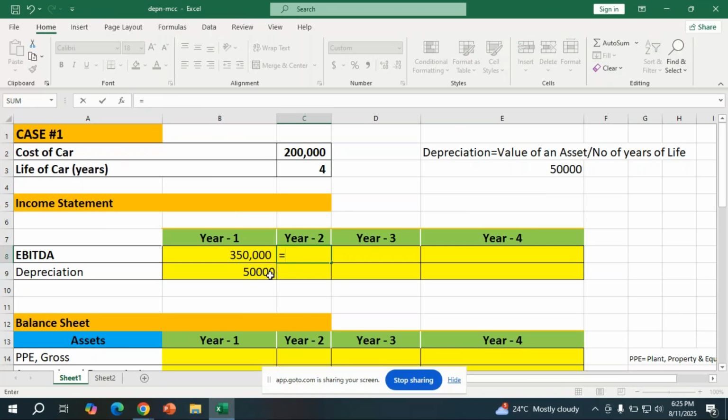As I told you, closing balance of the last year becomes opening balance of the next year. So inclusive of the depreciation, equals 3 lakh 50 plus this. Now again the second year we have depreciation, correct?